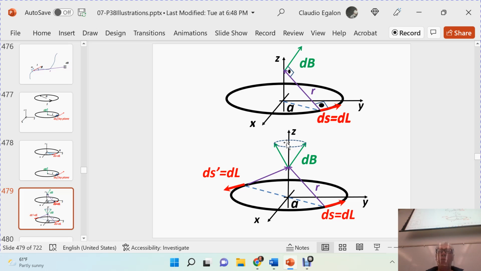And the field components in the xy axis are going to cancel out. Okay? So it's a question of finding out what's this angle here of the magnetic field. Okay, notice that dB and R vectors, they are perpendicular to each other.